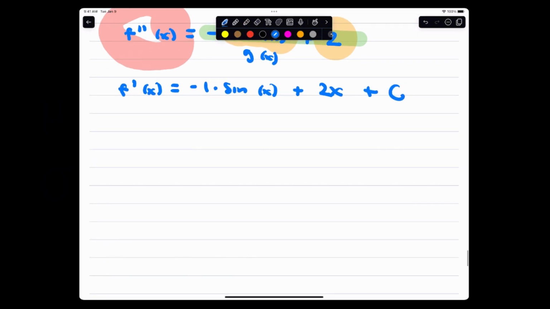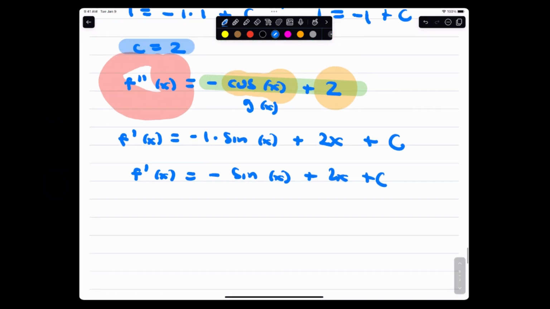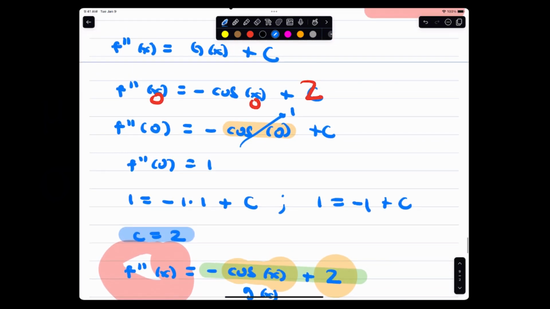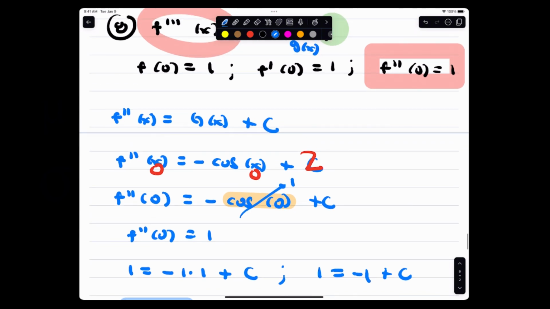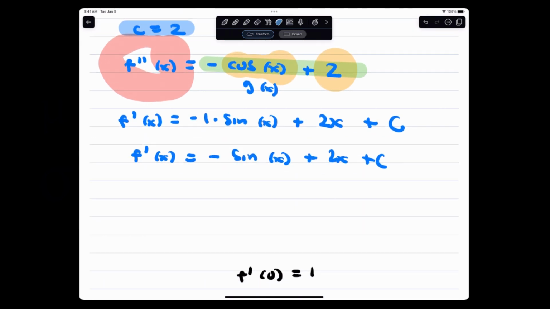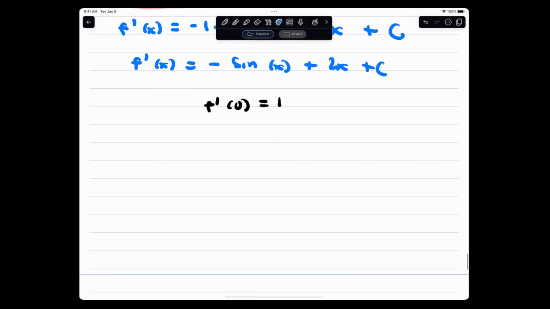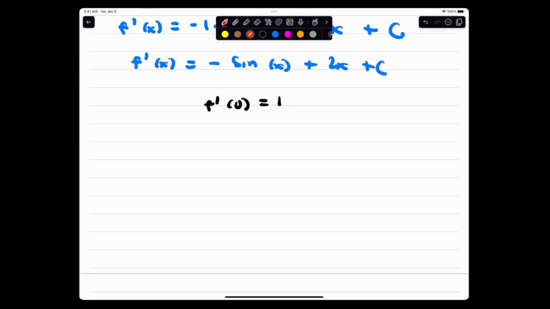So ladies and gentlemen, we're almost there. Minus sine x plus 2x plus c. Okay. You can apply the condition of what? F prime of 0 was 1 again. That's nice. Plug in a 0.